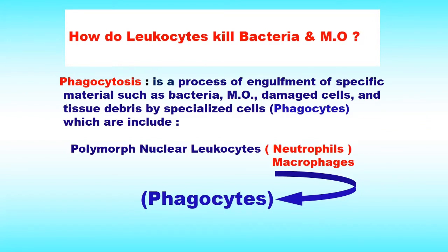Neutrophils are short-lived. They undergo apoptosis after 24 to 48 hours, while macrophages survive longer, and they are regarded as powerful scavenger cells in acute inflammation.